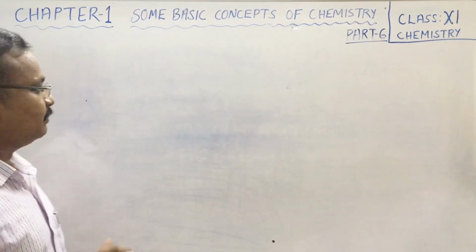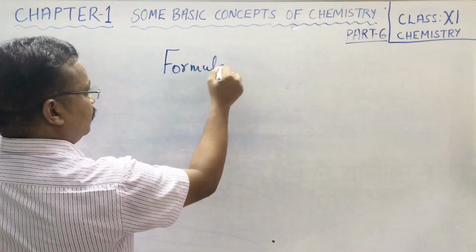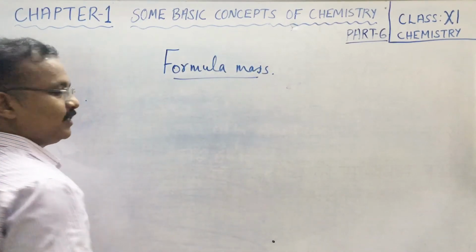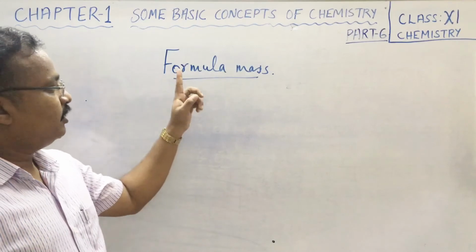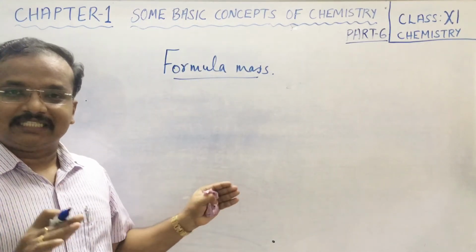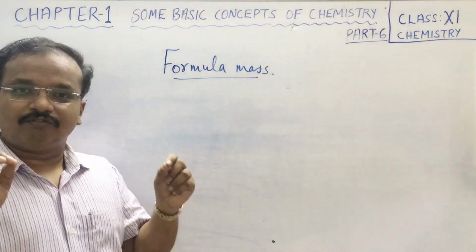Next we shall discuss another important term, formula mass. Children, one thing you have to remember about formula mass and molecular mass: we have just discussed molecular mass, and now formula mass.